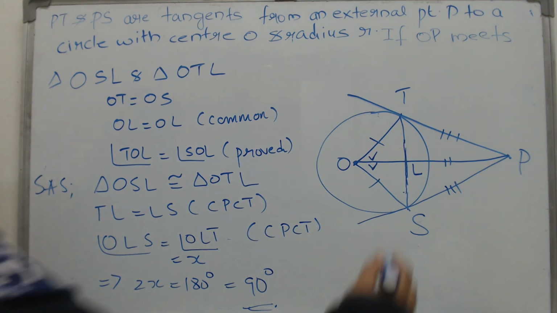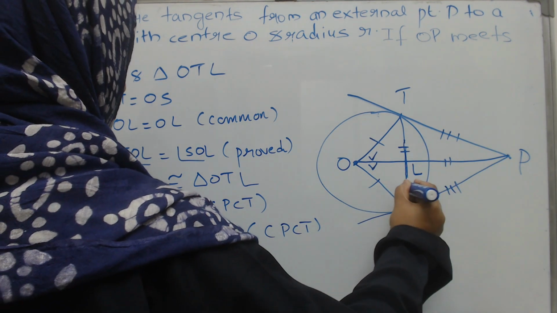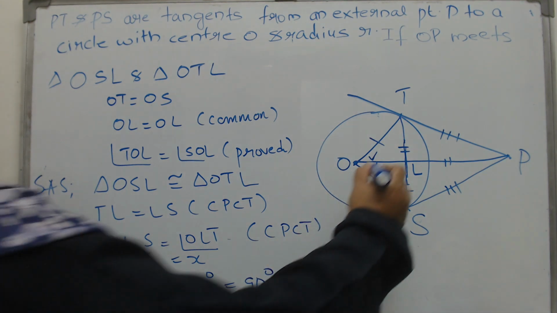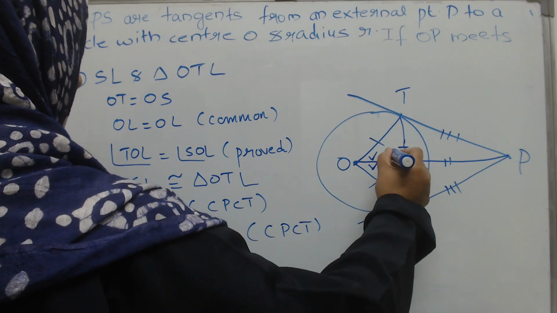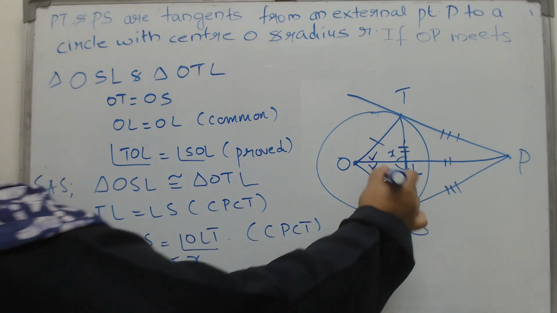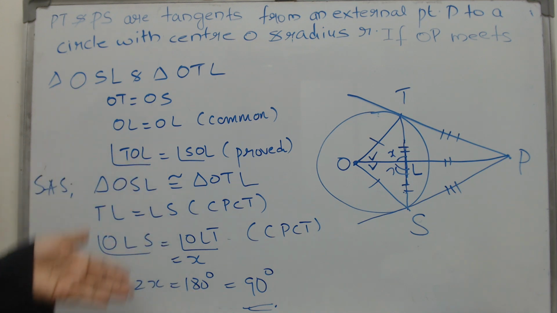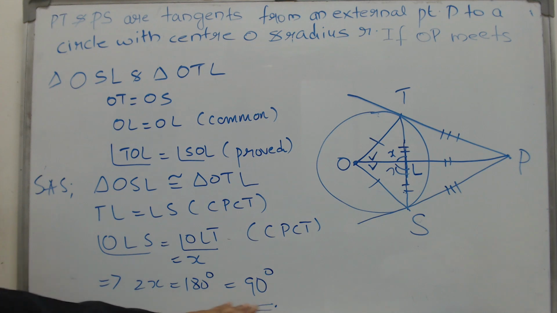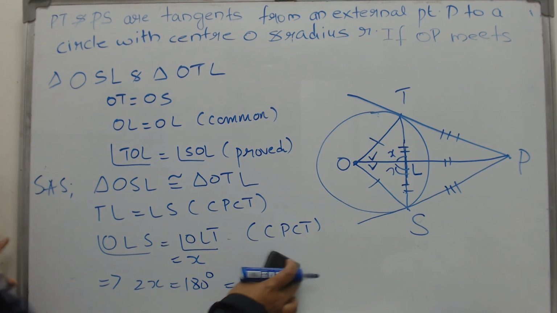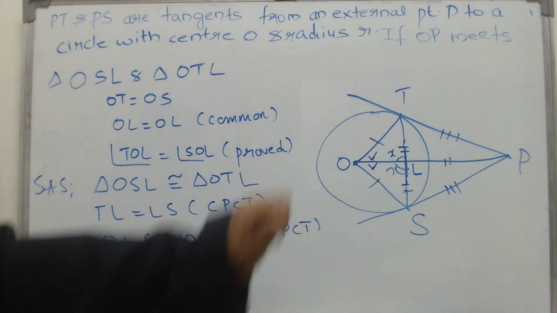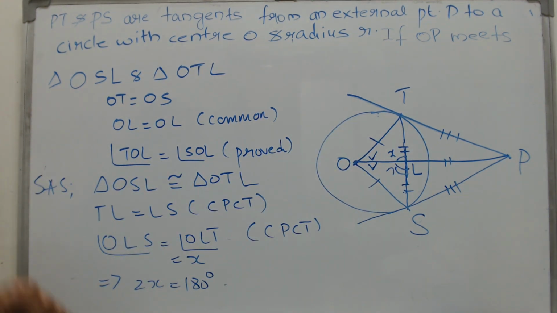By CPCT, TL and LS are of the same length, and not only that, these two angles are also same, again by CPCT. If this is an X, this will also be an X, but both of them added gives you 180 degrees because it is a straight line, which means each one of them is equal to 90 degrees, which means what? OL perpendicularly bisects TS.